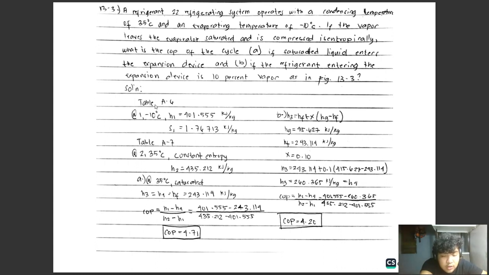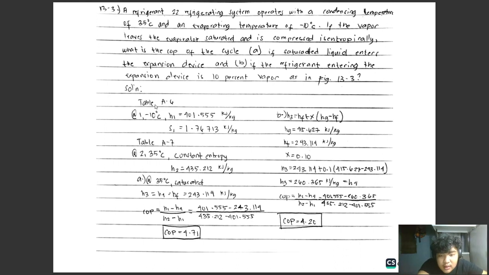For solving the COP, we have COP equal to h1 minus h4 over h2 minus h1. Substituting the values and calculating, we get the COP equal to 4.71. So that is the COP for the saturated liquid entering the expansion device.